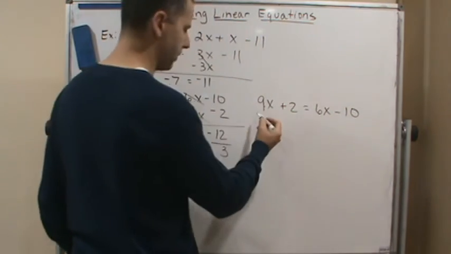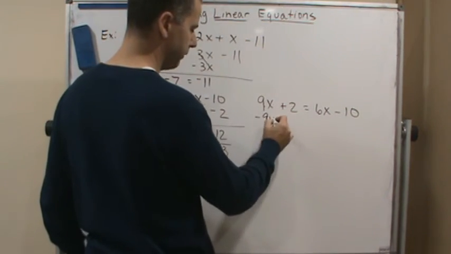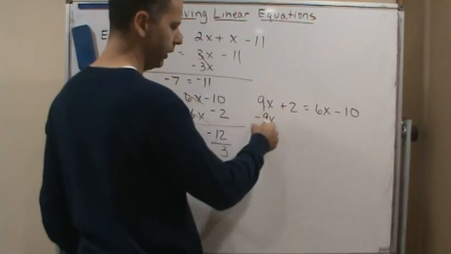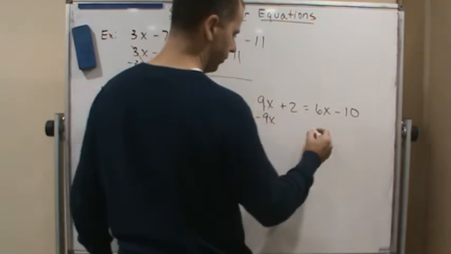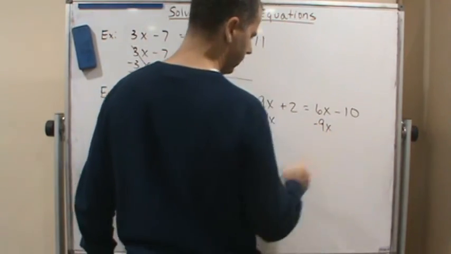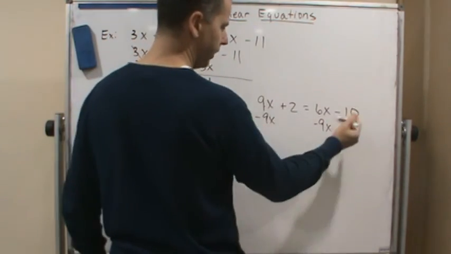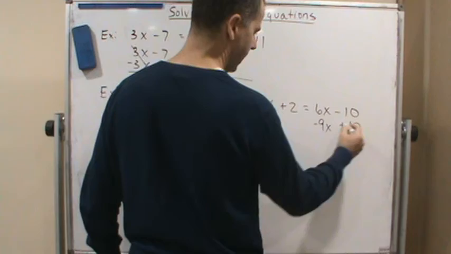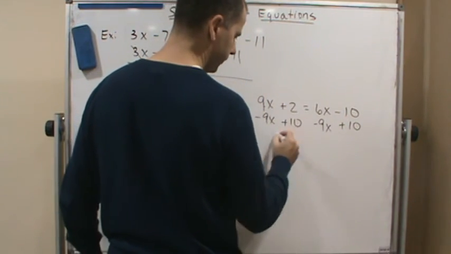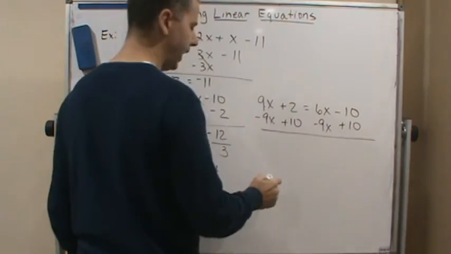So now what I'm going to do is I'm going to subtract 9x from both sides, right? Because I want to move the 9x over here. And now I'm going to move the constant terms to the left, so I'm going to add 10 to both sides. And so again, what happens?